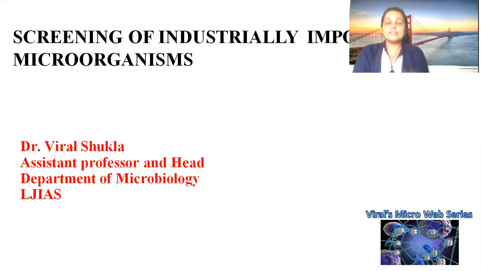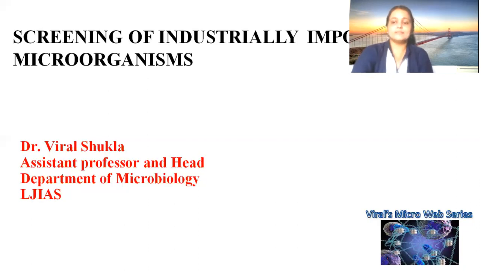Now during secondary screening, you have to identify how much product this particular group of organisms is able to produce, in how much time period, with how much amount of substrate. This we have to conclude during the secondary screening. So this is the concept of secondary screening.